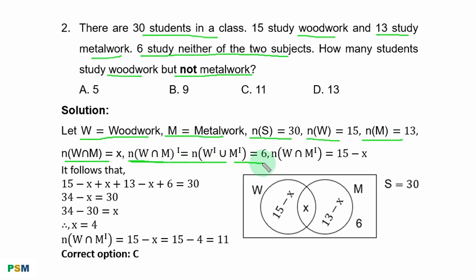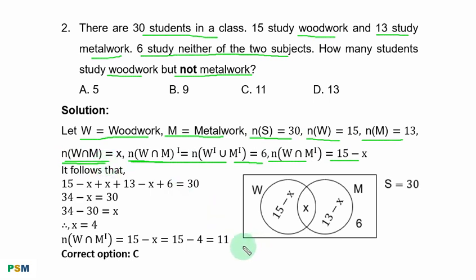to 6. While those that study woodwork but not metalwork is represented using this set notation, and that is equal to 15 minus S. Those that study woodwork minus those that study both subjects.